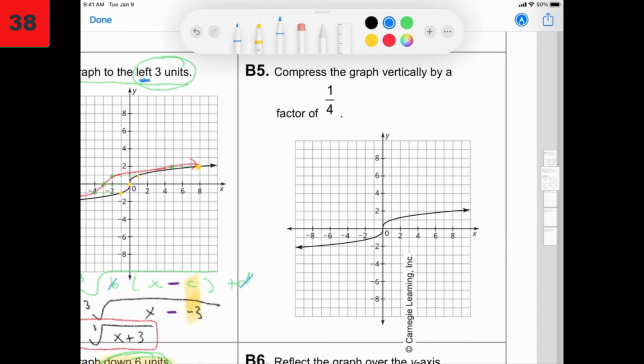So let me write out the parent. Okay, question, what letter is vertical compression? Vertical compression. This is going to be an A value. A value equals 1/4.